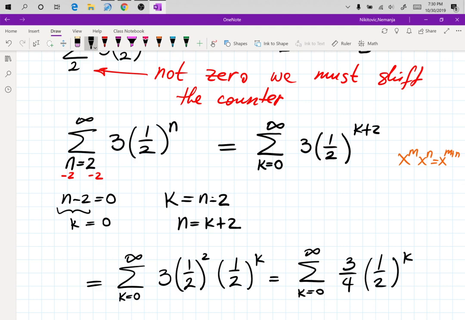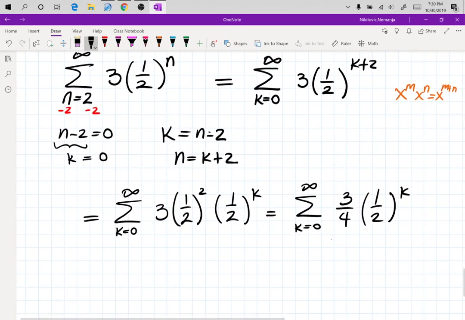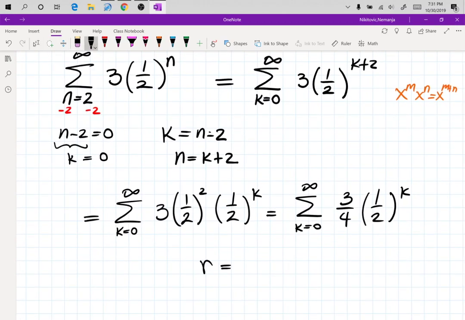This is the form that matches the definition. The definition had a 0 and n, here 0 and k. Awesome, right? So now we know that r is 1/2 and a is 3/4.